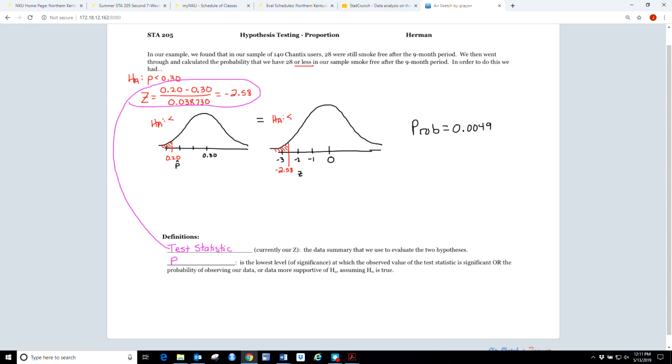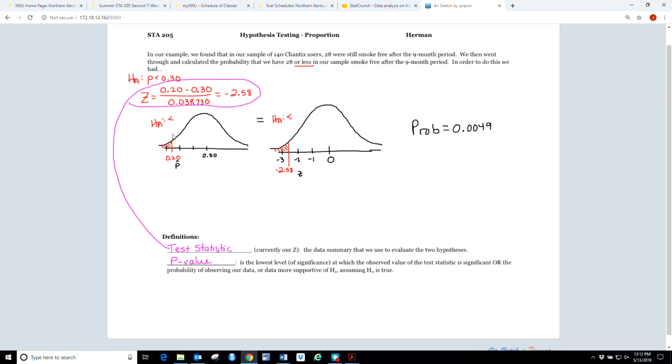Our other definition here is what's called a p-value. Now, first reading through that, first notice that it is a probability. And we've been calculating probabilities. More specifically, it is the probability of observing our data, or more supportive of the alternative, assuming the null is true. Now, that might sound really fancy, but this is exactly what we've been doing. So, assuming the null is true, we'd be centered at 0.3. Our data we got was 0.2. What's "or more supportive of HA"?